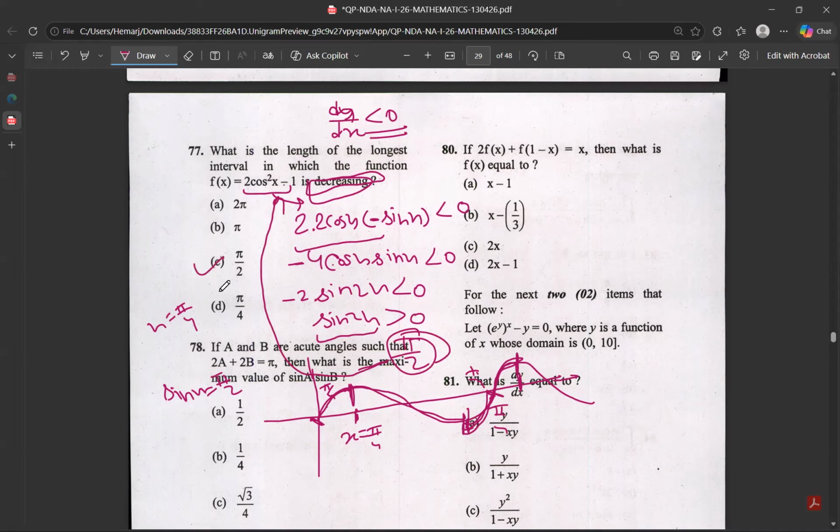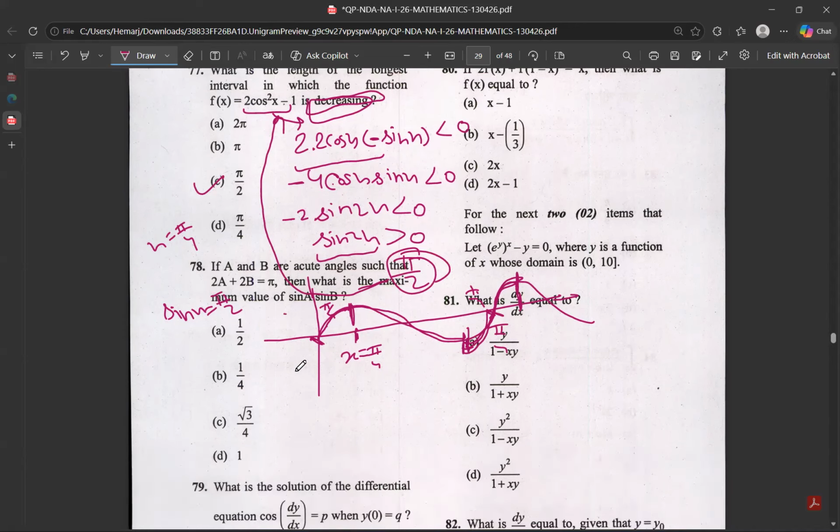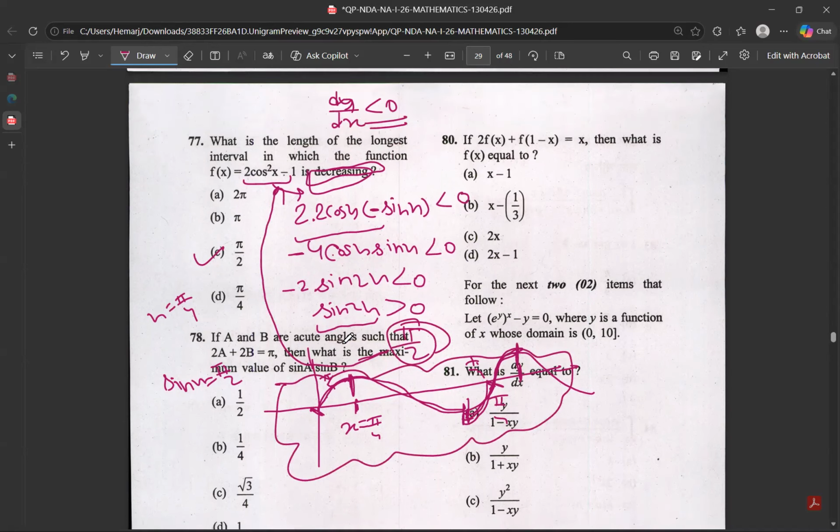See, the question was quite easy, but maybe we get confused when we talk about the graphical method. Because the first way I can think of after sin 2x greater than 0, and it is not asking about the interval, it is asking about the length of the interval. And it is not x, it is sin 2x.